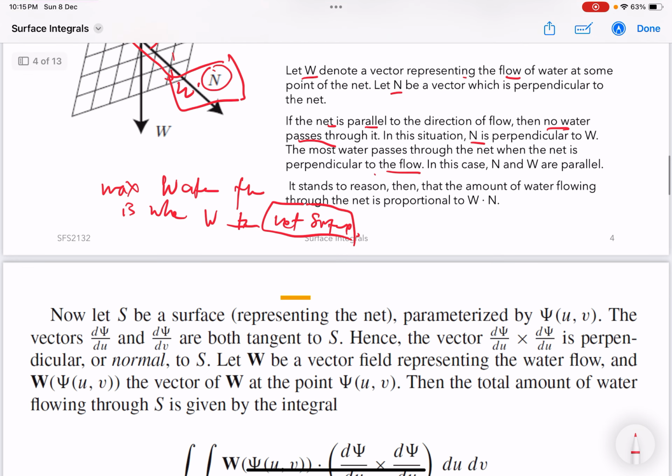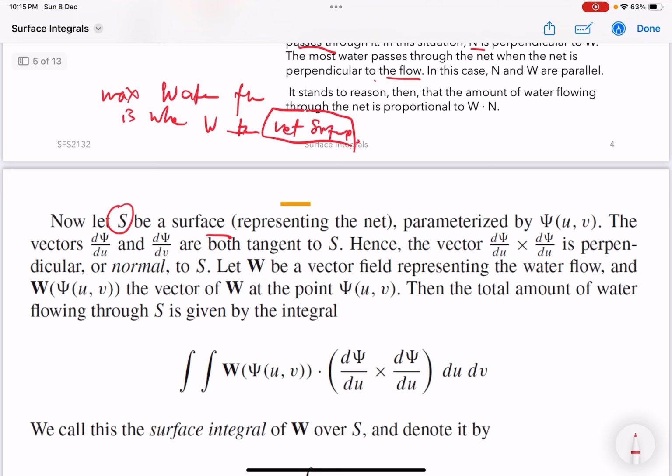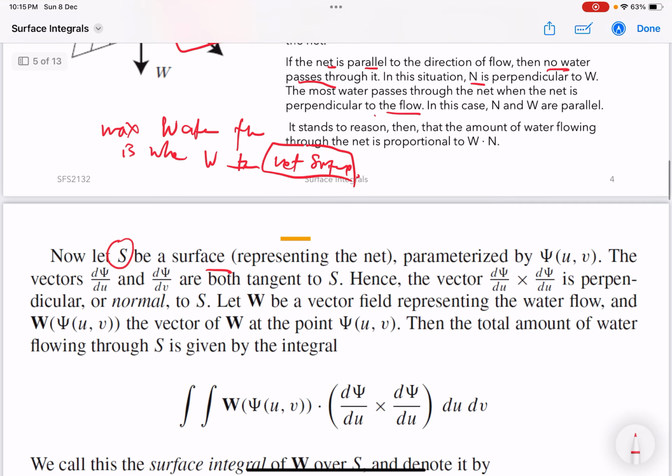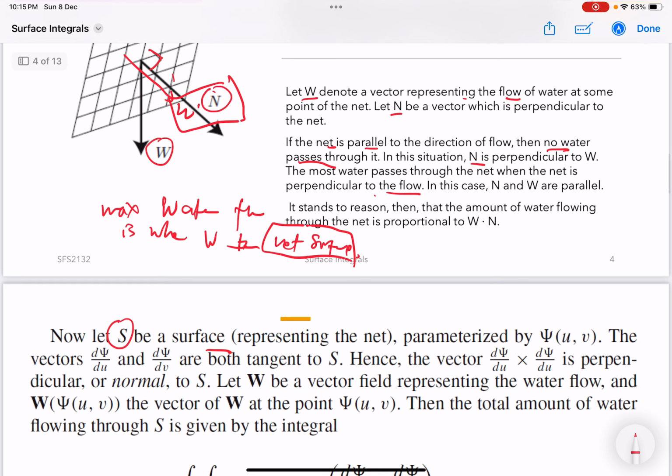Alright. Now let S be the surface. W is in the same plane as S. It is not about direction but about the plane, the surface.